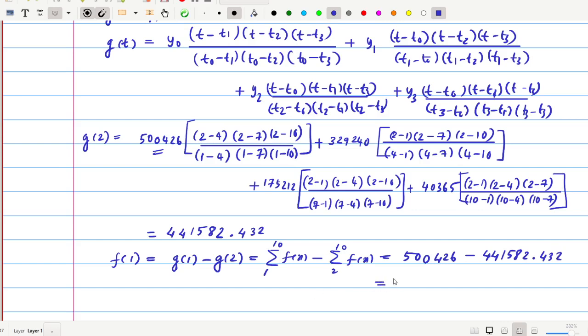By taking the difference of these two, you get 58843.57 or so. So this is the value of f of 1. This is the way we use the Lagrange's interpolation formula to evaluate f of 1. A similar problem is discussed right next to this question, so please try to solve that problem.